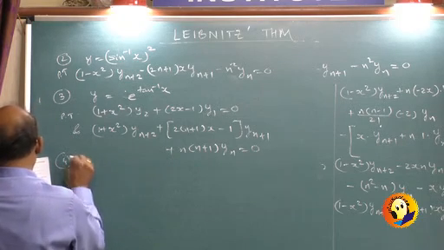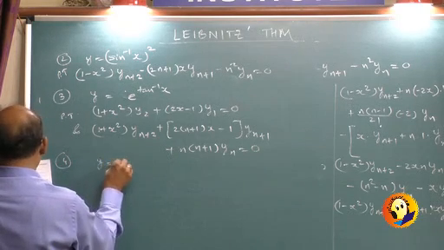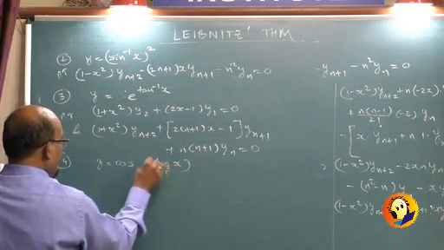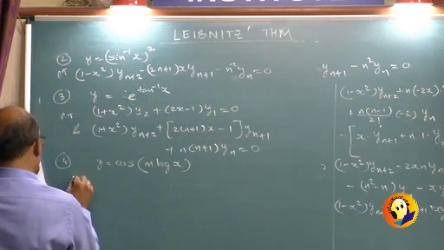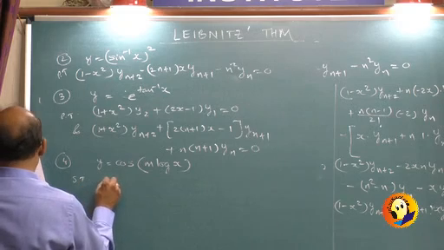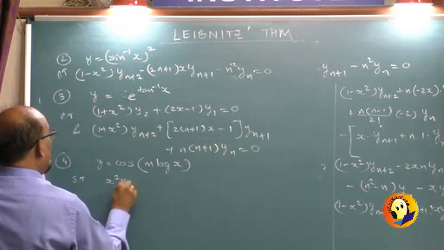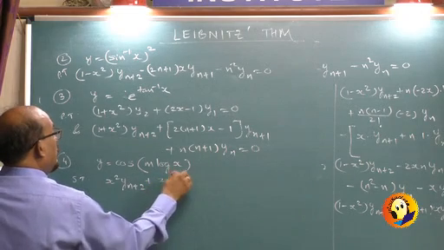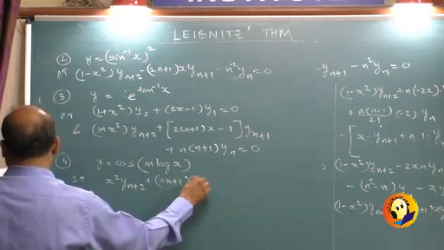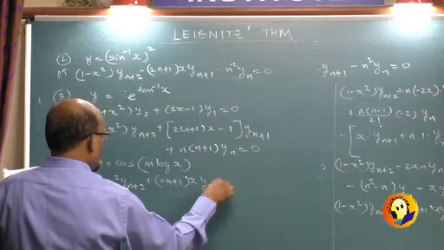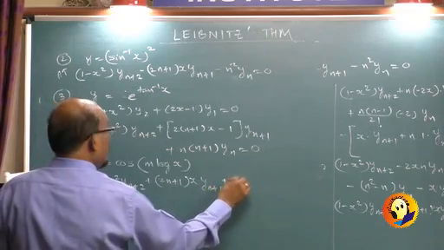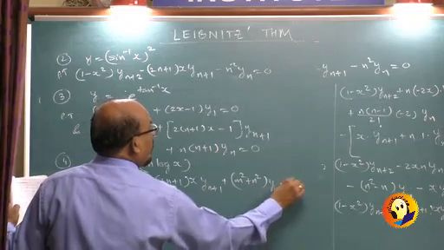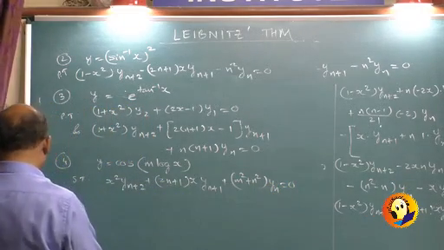Fourth, y equal to cos of m log x. Show that x square yn plus 2 plus 2n plus 1 x yn plus 1 plus m square plus n square yn equal to 0.